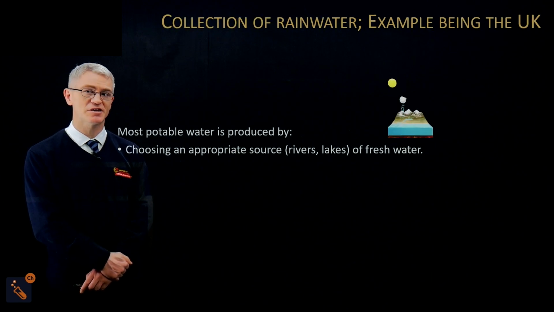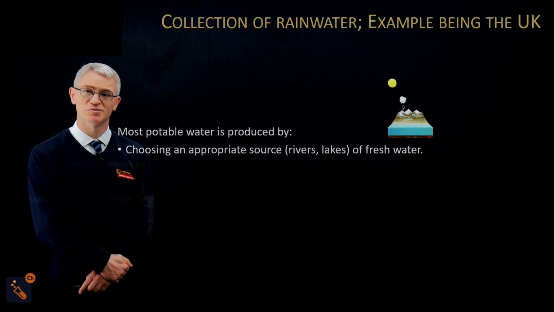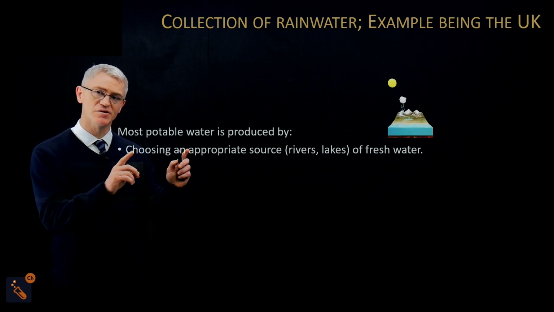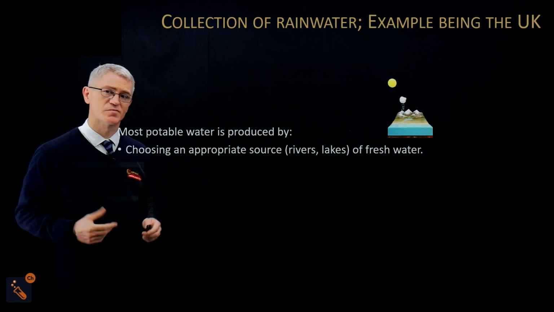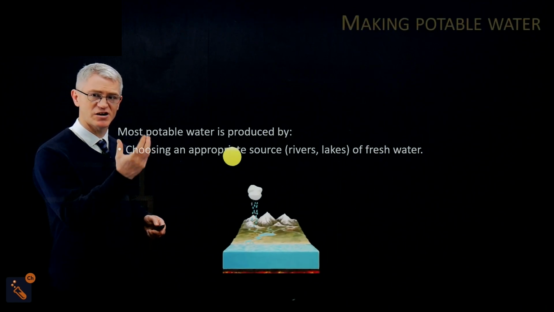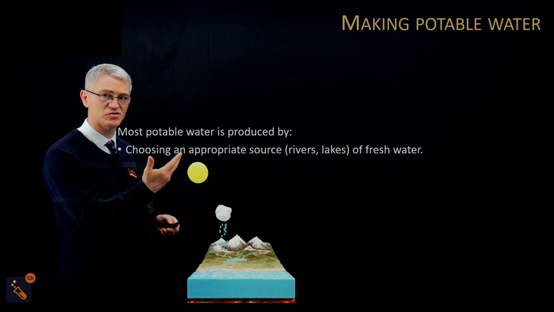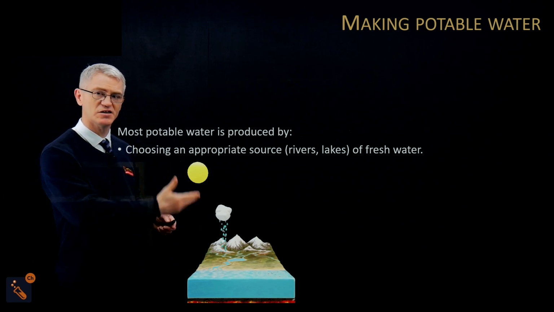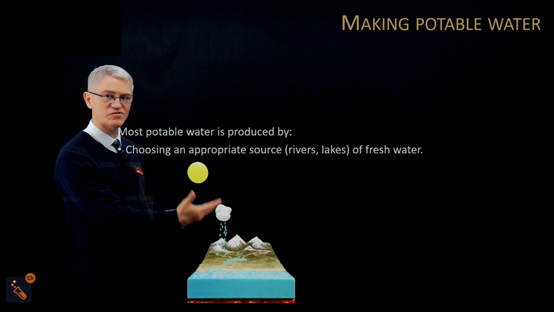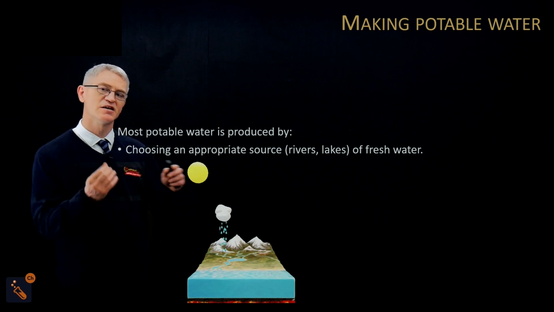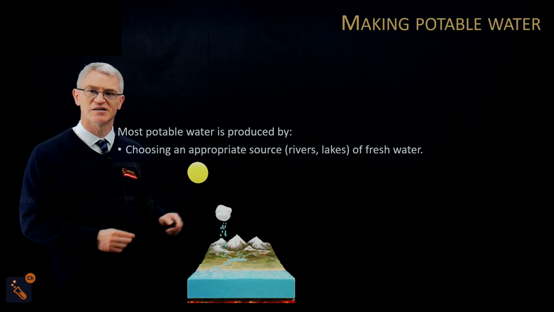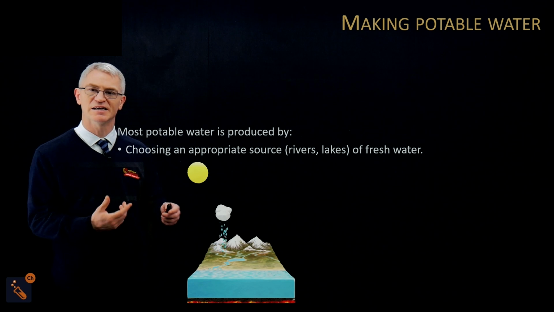So let's look at the UK, and let's look at how potable water is produced here and in many other countries in Europe. Now, you choose an appropriate source, a river or a lake, and let's just see our graphic here again. Might be good to go over your water cycle in geography. You can see that precipitation here, raining down onto the mountains, collects in the streams, collect together into the rivers, that then goes into a lake.